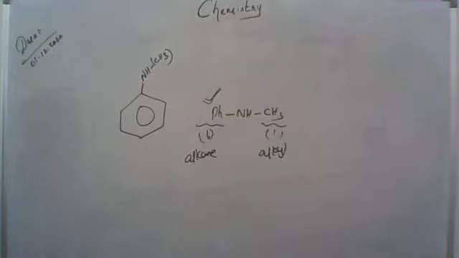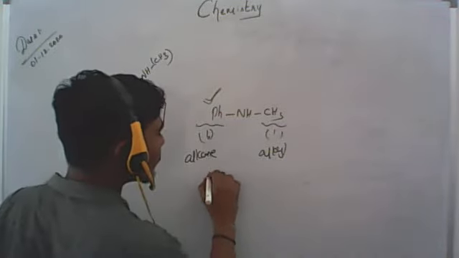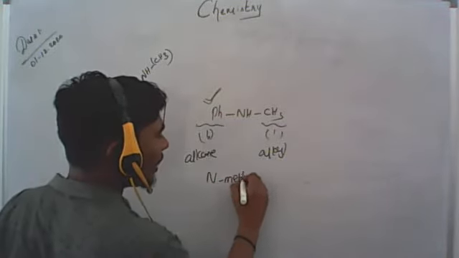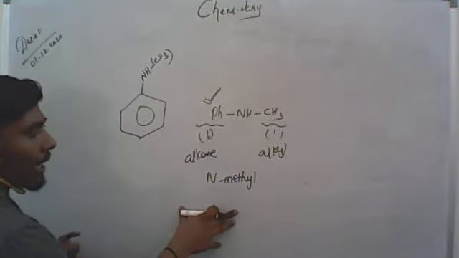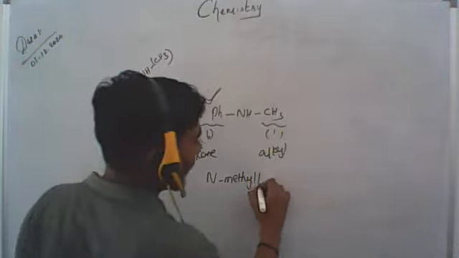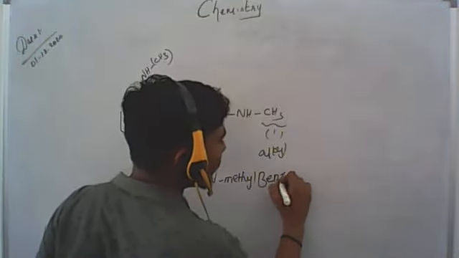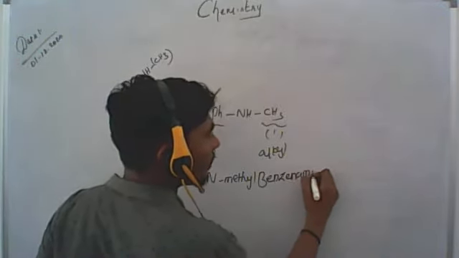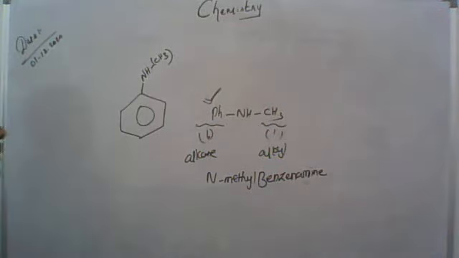So our name is N-methyl, with 6 carbons. What is the system? It's benzene. So N-methyl benzenamine. This is the IUPAC name for this compound.